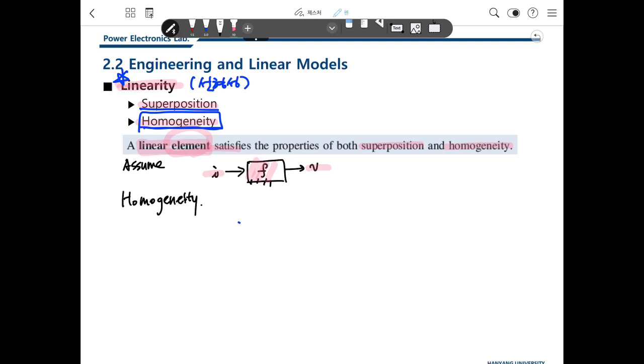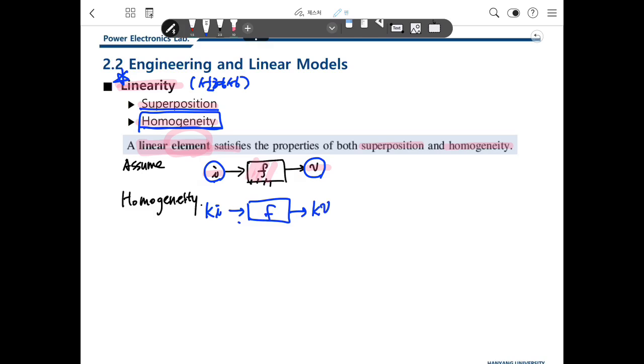With the same example, we assume that we have input I and output V. Then we insert the input I multiplied by the constant K. Then the result would be KV.